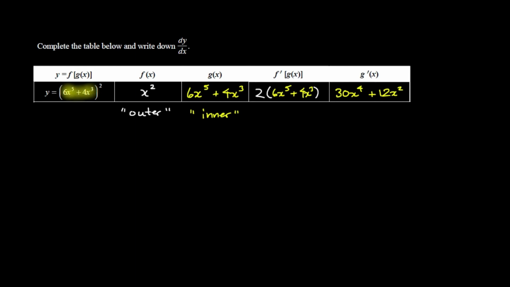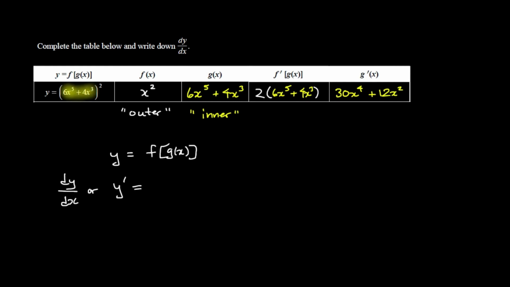So now we have our entire table filled out, we can proceed to writing down our derivative, which, remember, just means y prime. I don't care which label you use, as long as you know both of them mean find the derivative. And maybe before we do that, let's write out what we have here. We have f of g of x.